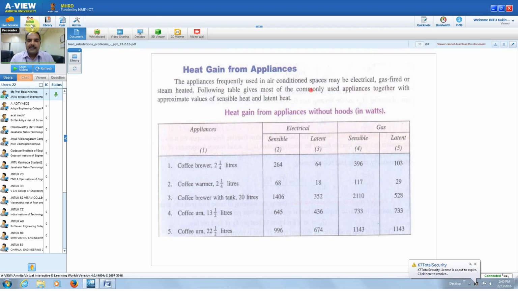These are the appliances, and this is the electrical load, this is the gas. Suppose a coffee boiler of 2.5 liter, the sensible heat is 264 watts and the latent heat is 264 watts. If it is gas, then it's 396 watts and latent heat is 103 watts. Like that, the appliances will generate some amount of heat.